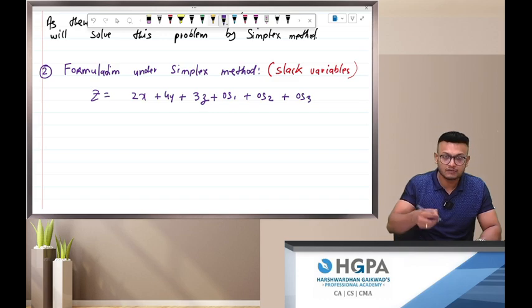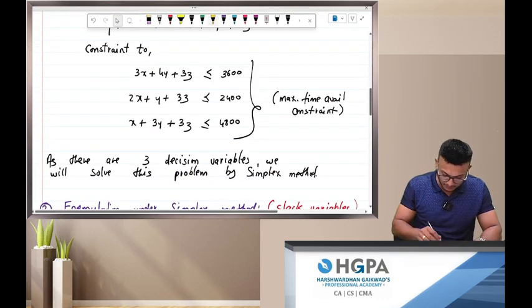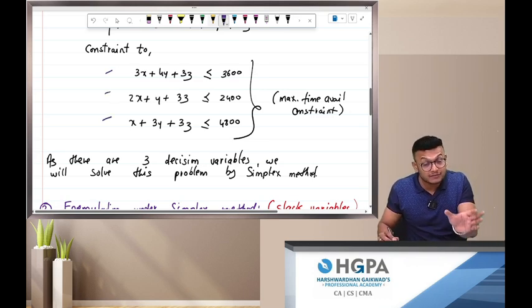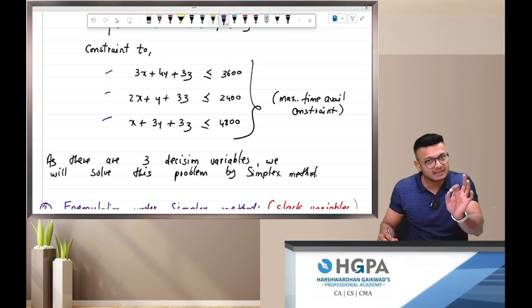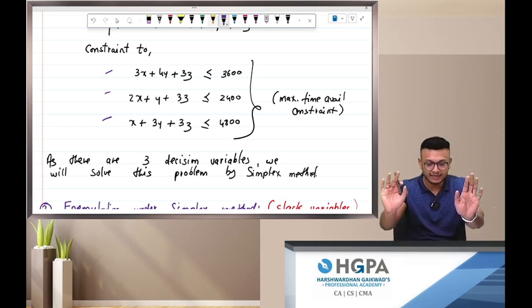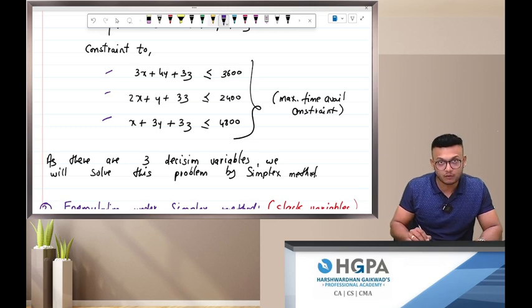Now this is constrained to the limitations, the constraints which you have already done, which are this 1, 2 and 3. You have to add like this, but this time we will not use the sign less than or equal to. We will use equal to. We want two sides, left hand side and right hand side. So it's very simple. 3x plus 4y plus 3z. Don't forget to add the variables.